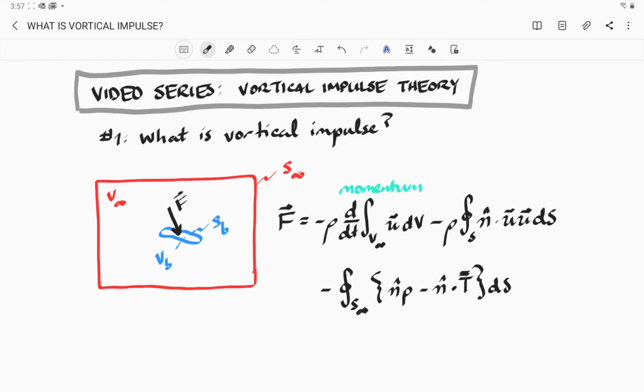For many applications, this is very useful. So in order to do that, this expression is not terribly useful, because we can't just know the motion. We need to know the motion and then solve for the entire flow field, the pressure and the velocity, over this domain in order to put all the variables into this equation here. So for many applications, this isn't as useful as we would like.